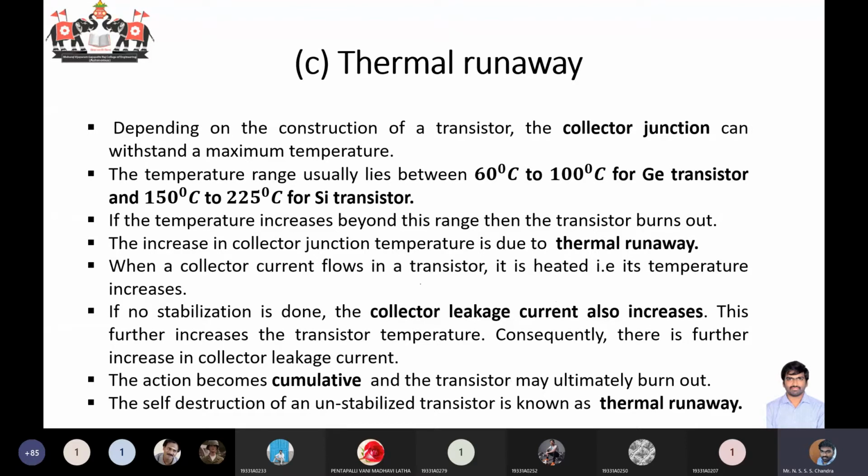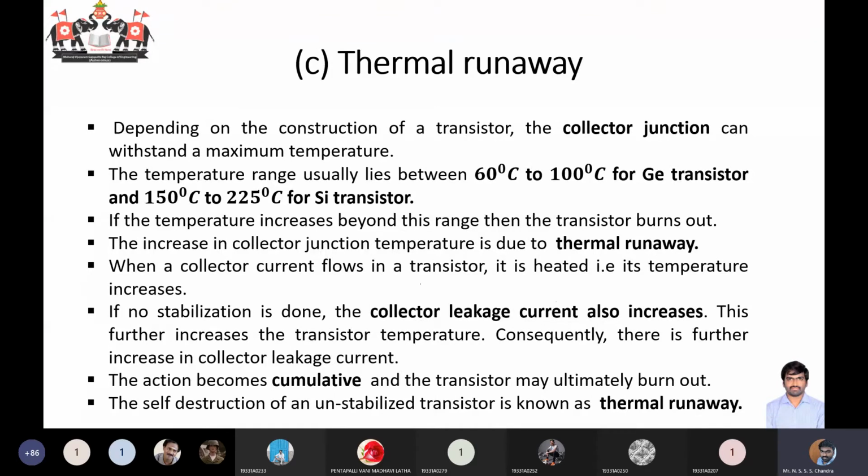So let us see what is thermal runaway. Initially we have a current flowing in the collector, from the collector into the transistor. Because of this current, there will be a small rise in temperature, because initially no stabilization is done. Because you have not ensured that your IC is not going to change, your IC is changing, and your ICO value will also change.